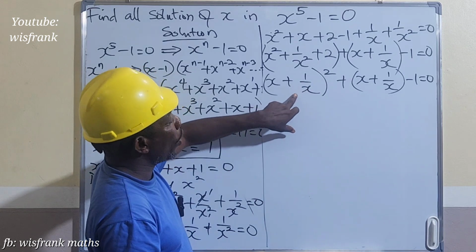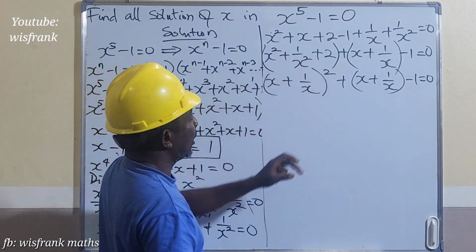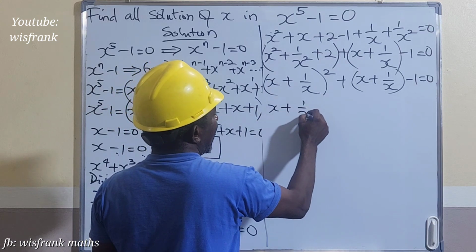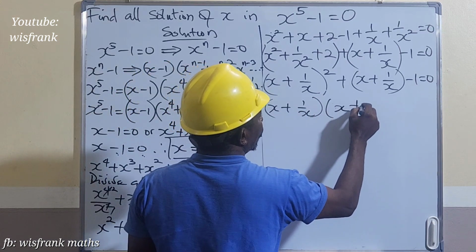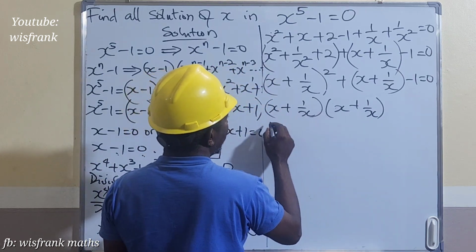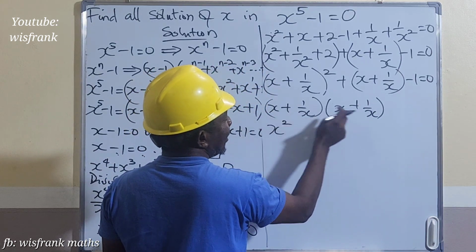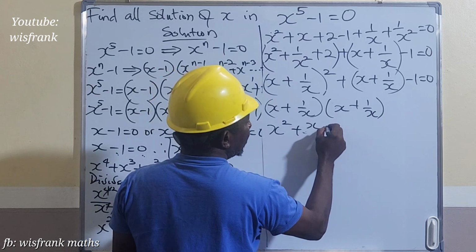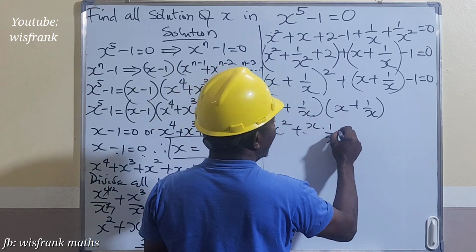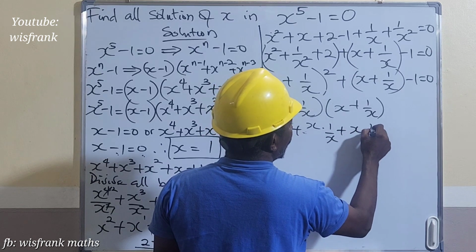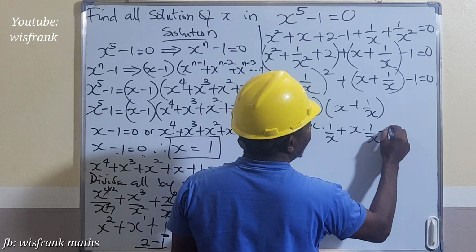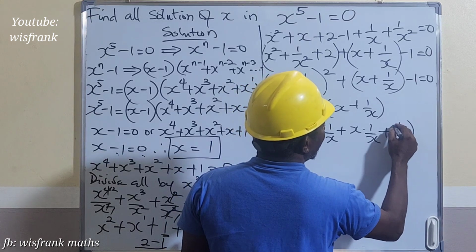Here, we can see that when you expand this, it will give us this. Let's do that. This one will be x plus 1 all over x into x plus 1 all over x. Expanding this, x times x gives x to the power of 2. x times 1 all over x gives plus 1, then 1 all over x times x gives plus 1. Then 1 all over x times 1 all over x gives plus 1 all over x squared.